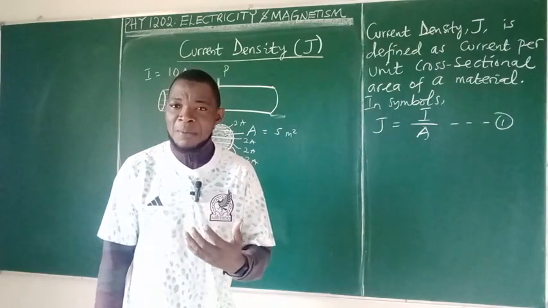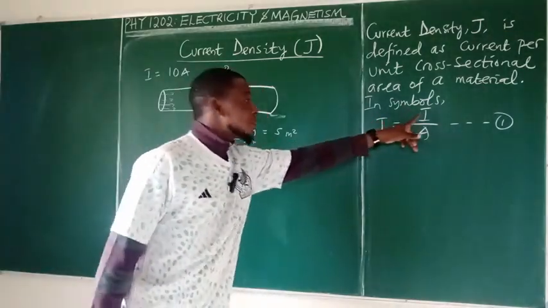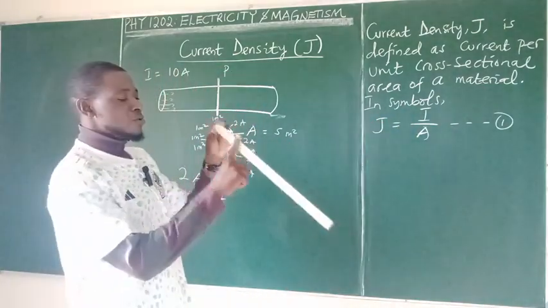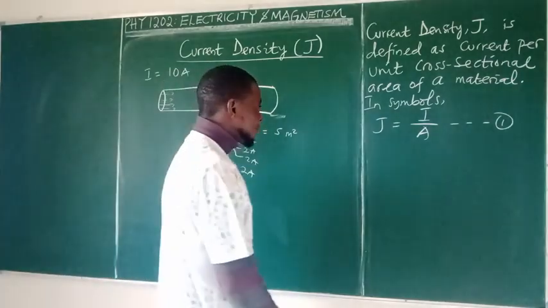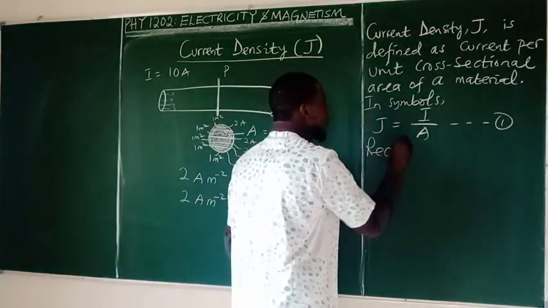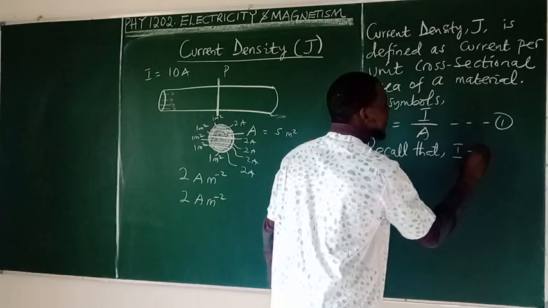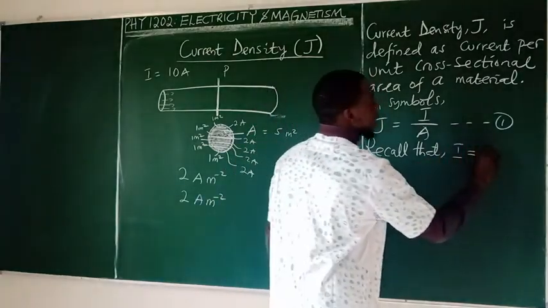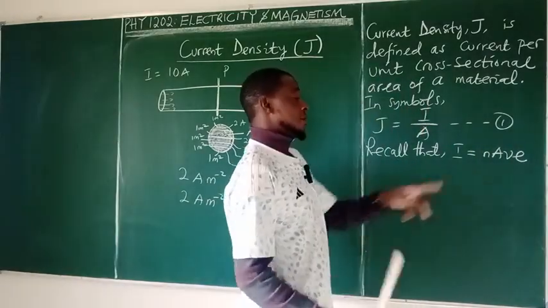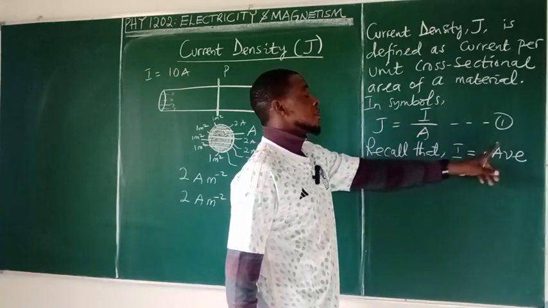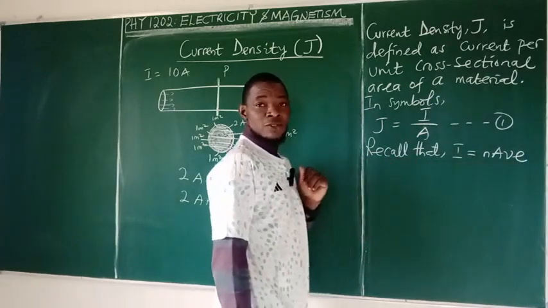Remember in the previous video, we derived the formula for the current passing through a conductor, such as a conducting wire. According to that, we got the formula for I as nAvе, where n is the charge carrier density, A the cross-sectional area, v the drift velocity, and e the electronic charge.